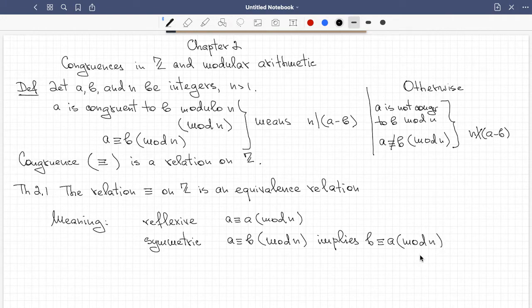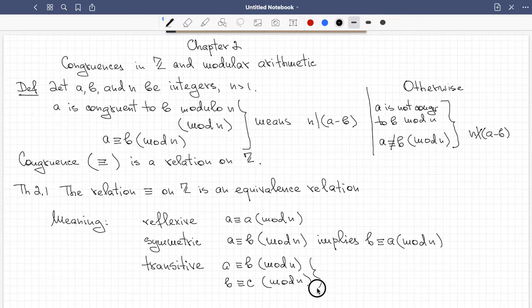As soon as a is congruent to b, b is congruent to a. And transitive: a is congruent to b mod n, and b is congruent to c mod n.